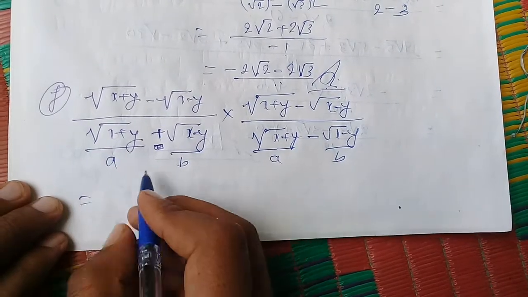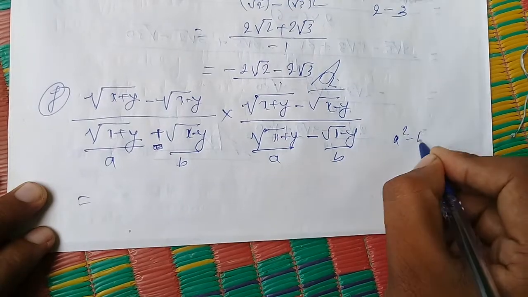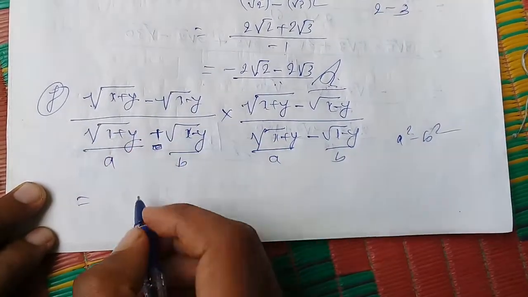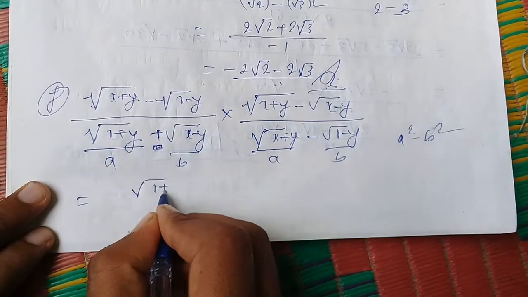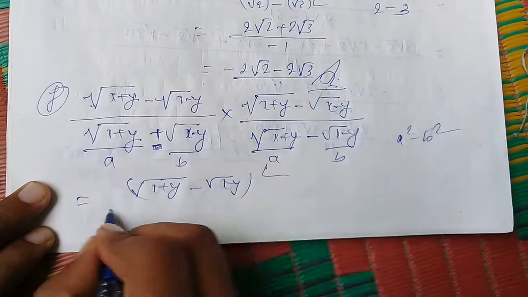And now what will happen in this? It will give you a square minus b square directly, and this will be a plus 2, so a root over x plus root over x minus y whole to the power a.